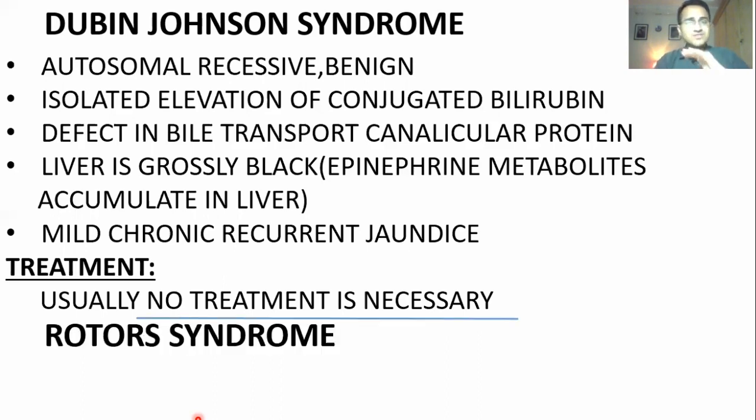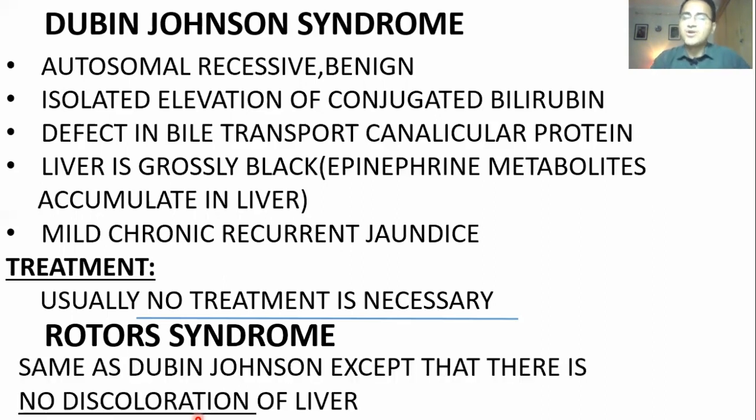Rotor syndrome is same as Dubin-Johnson, but the only difference is that liver is not black. There is no discoloration of liver because epinephrine metabolites do not accumulate in Rotor syndrome. Other than that, Rotor syndrome is just the same as Dubin-Johnson. But in Dubin-Johnson, on MRI, liver will be black, and in Rotor syndrome, liver will not be black on MRI.